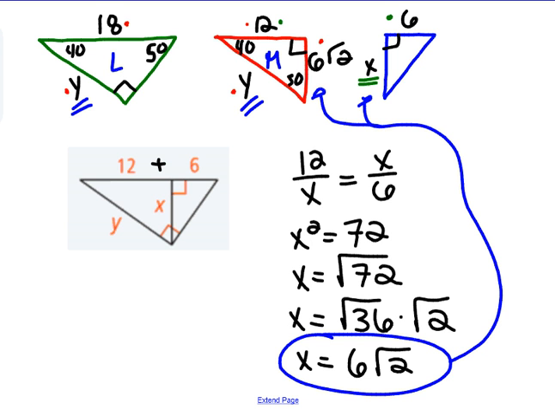So we're going to draw a table. We're using the large triangle and the middle-sized triangle. And then we're going to pick two angles that are opposite our variable y. So y is opposite the 50-degree angle, and y is opposite our 90-degree angle.